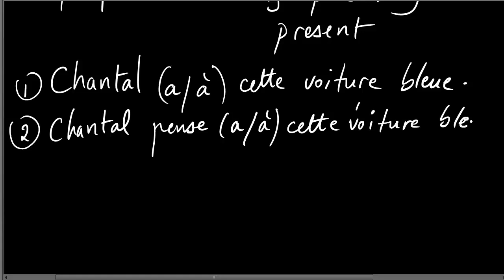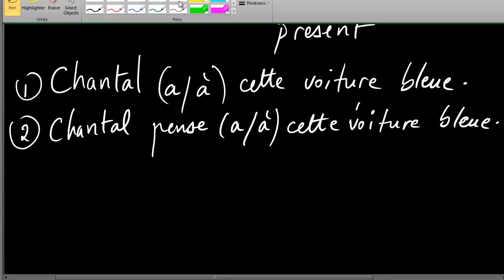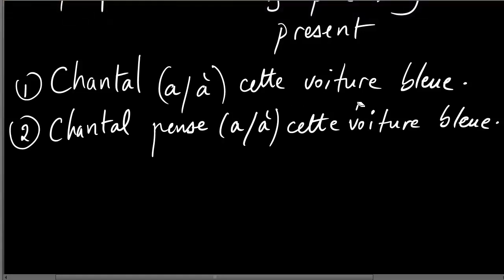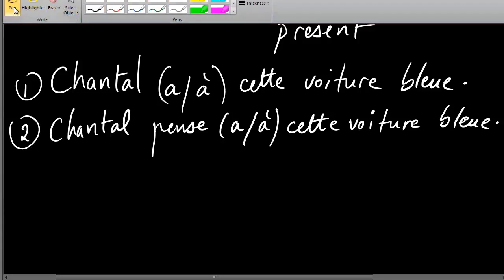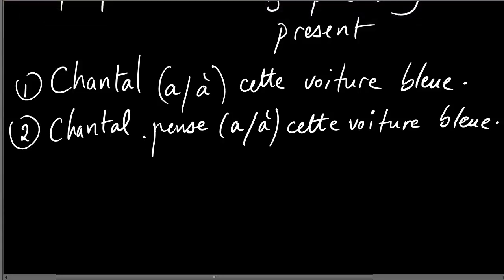Alright. Cette voiture bleue. Let me erase that tiny thing here, which shouldn't be there. Okay, great. So, two sentences.